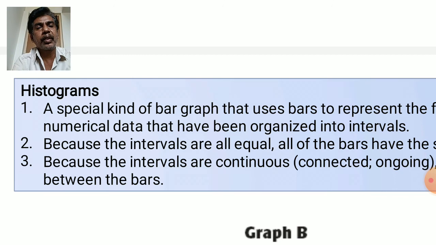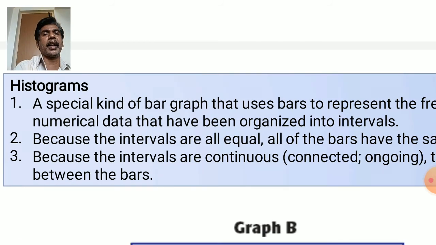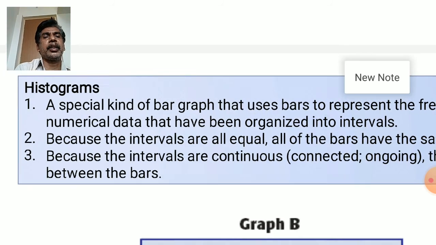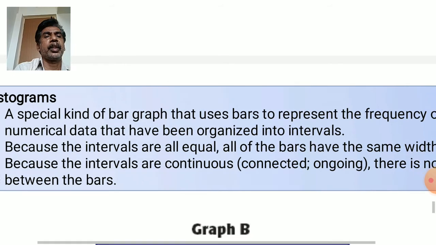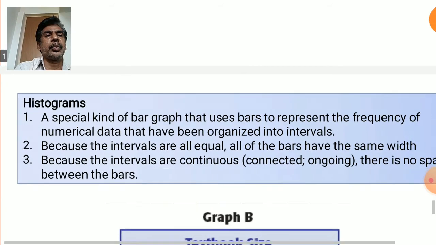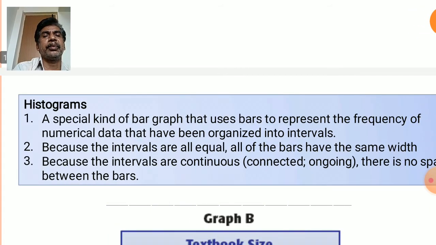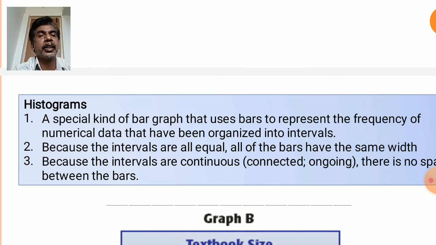Histograms are another type of statistical method used for representing statistical data. A histogram is a special kind of bar graph that uses bars to represent the frequency of numerical data that have been organized into intervals.